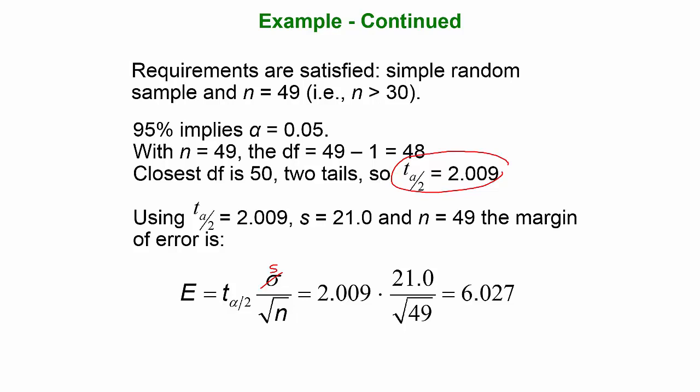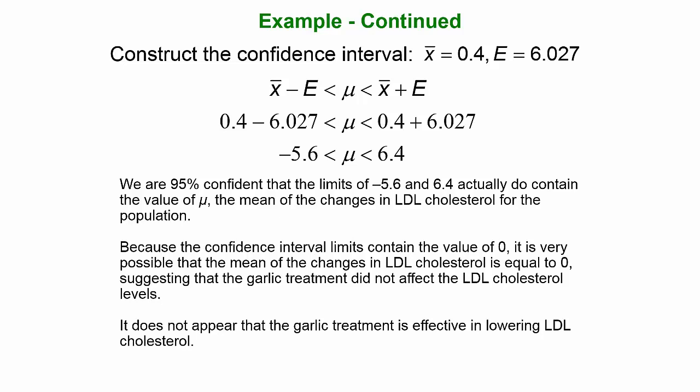So we have 2.009 times 21 divided by square root of 49, and that gives us a margin of error of 6.027. Now let's construct the confidence interval. It's x-bar minus E, and then x-bar plus E. So 0.4 minus 6.027 gives us the lower value of negative 5.6, and 0.4 plus 6.027 gives us the upper value of 6.4.